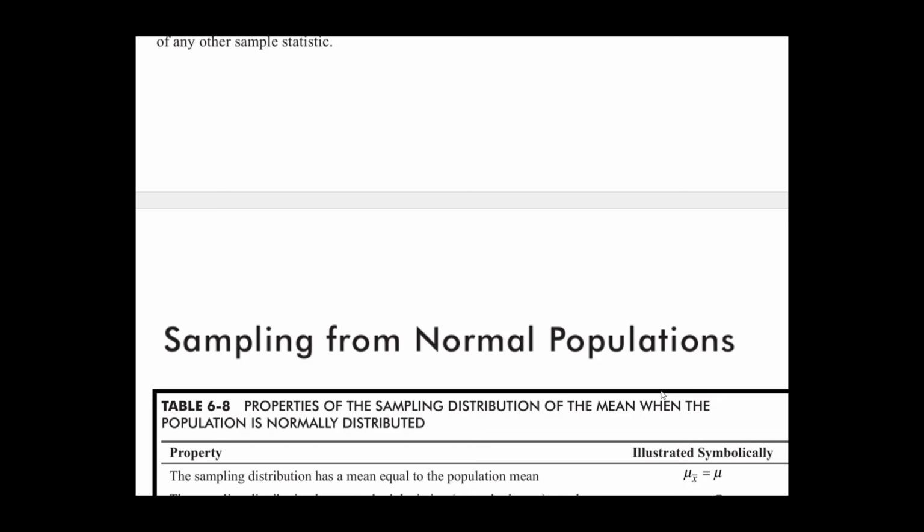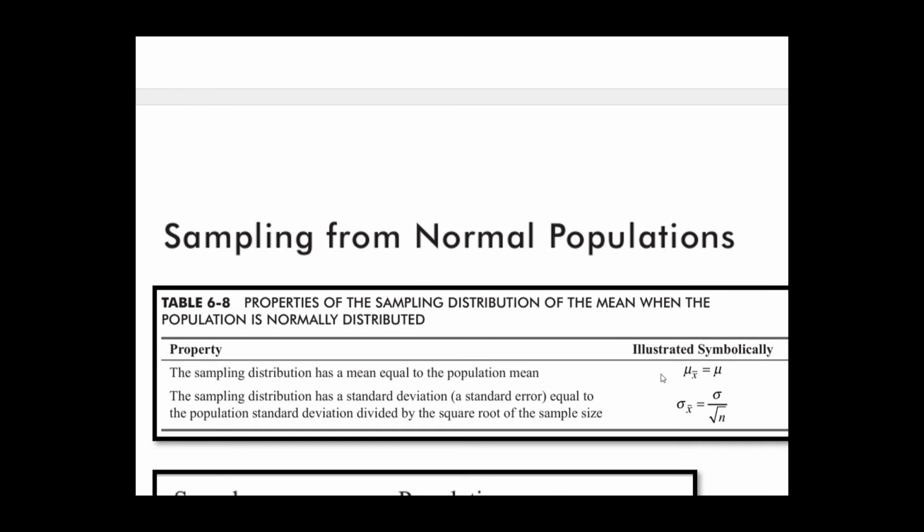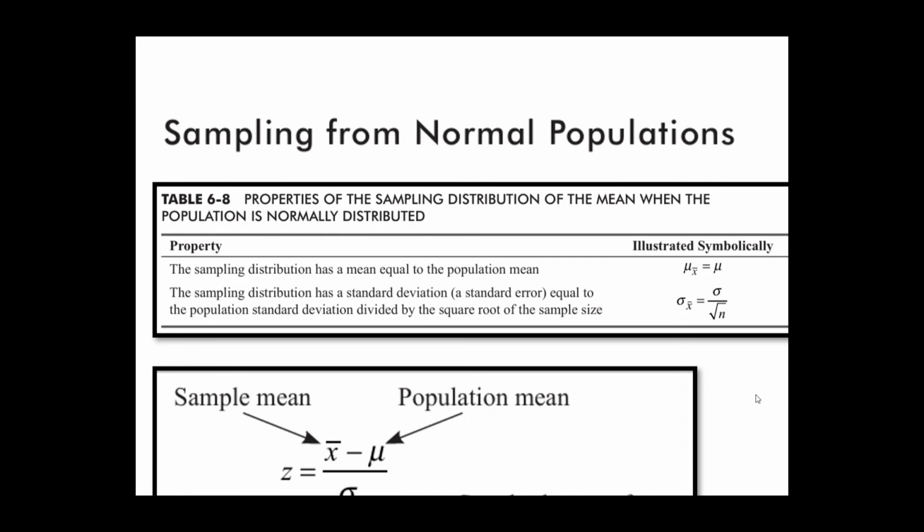If you are sampling from a normal population, that means the population itself is normal, then mu x bar will be equal to mu, and sigma x bar, that is the standard error, is calculated by sigma upon root n, where n here is the sample size.